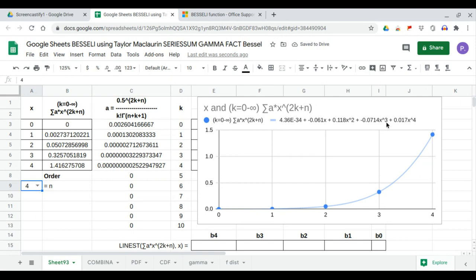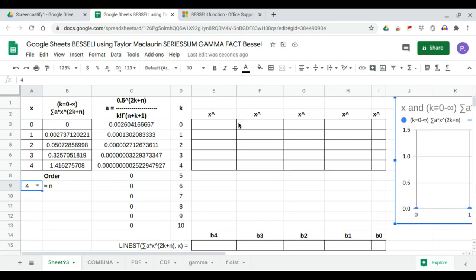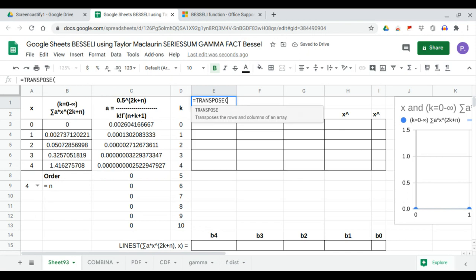We'll calculate these coefficients of the trend line using LINEST. To do that, we will complete the 1, x matrix, starting with the power, so transpose. It's 4 degrees, so 0 to 4.